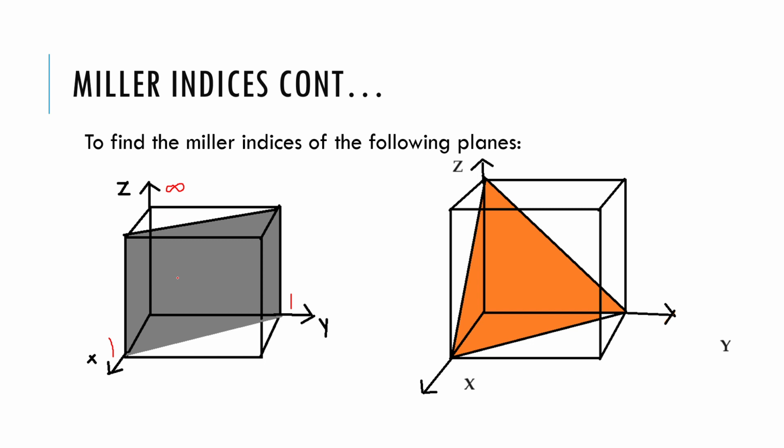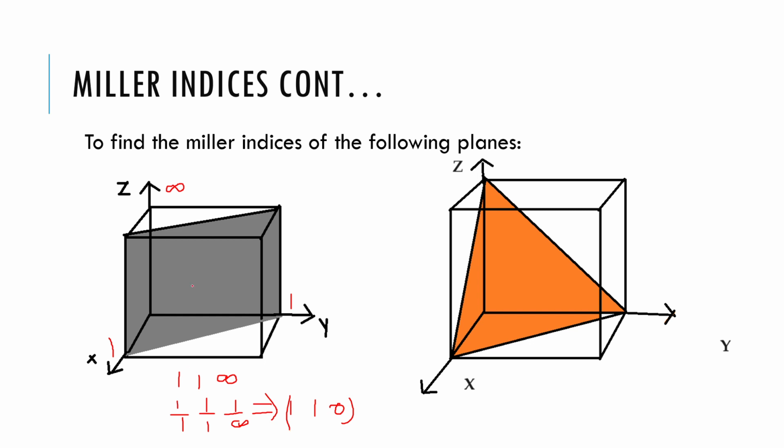So I can write the intercepts as 1, 1, infinity, right? Now I will take the reciprocal of the intercepts, that is 1/1, 1/1 and 1/infinity. Then to find the LCM, you can do it like this: 1, 1 and 0.